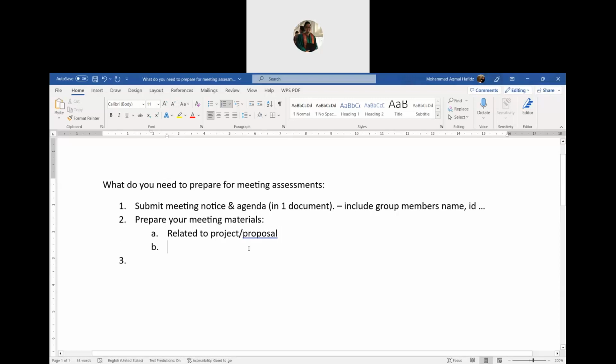So for this kind of preparation, you can include perhaps documents, or maybe sets of data, like a draft, if you have something that you want to show, maybe comparison options.